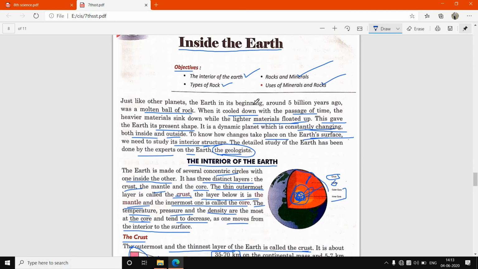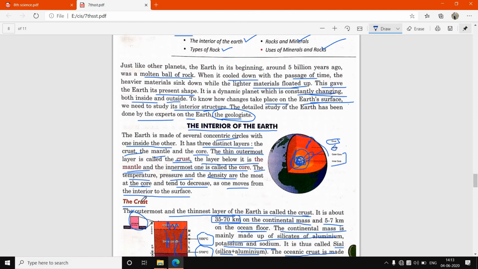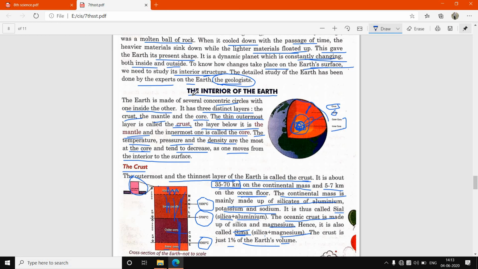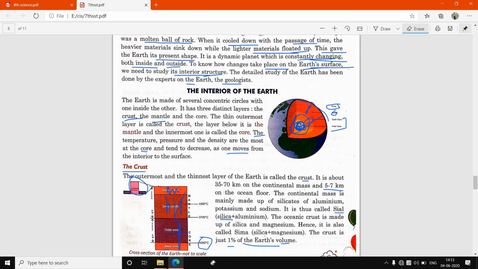You have to do your homework: write about what is the crust. You have to write about the crust and the interior of the earth. Let me tell you once where to write from and up to.